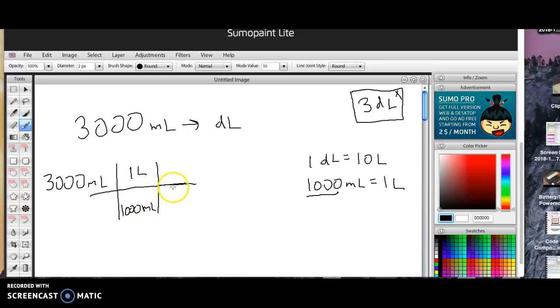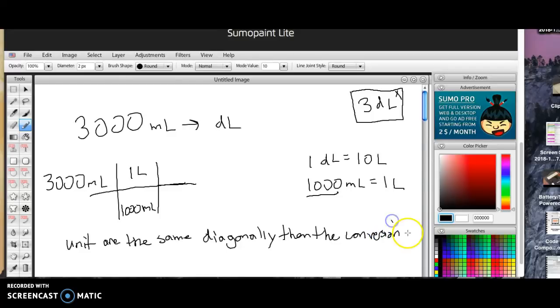Now, before you go to the next T, you want to make sure that this conversion that you just did was correct. And the way that you know that is by the units crossing out diagonally. If the units are the same diagonally, then the conversion is correct.